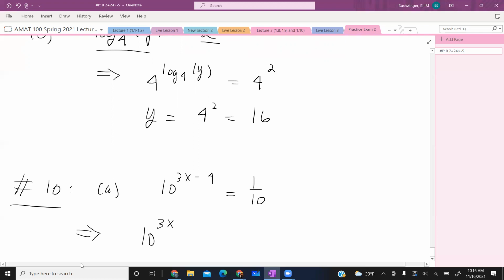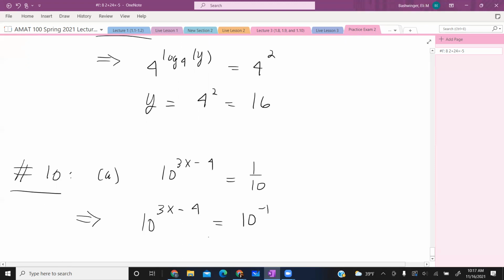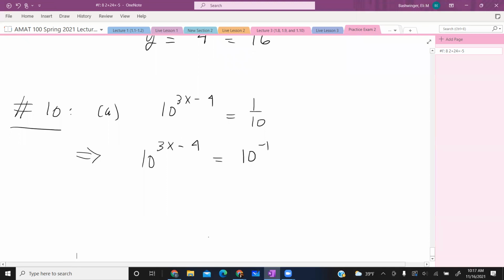Again, we're going to just use injectivity. It all comes down to exponentiating and then using injectivity of either the logarithmic function or the exponential function. In this case, we're going to use injectivity of the exponential function.